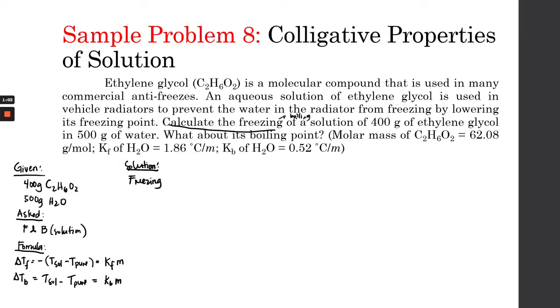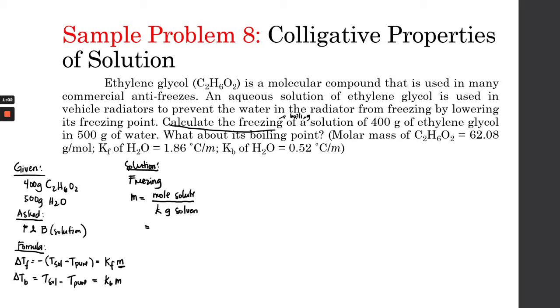In order to get the difference on the freezing, we first have to find the molality of our solution. If you guys remember, molality is equal to the moles of solute divided by the kilograms of our solvent.